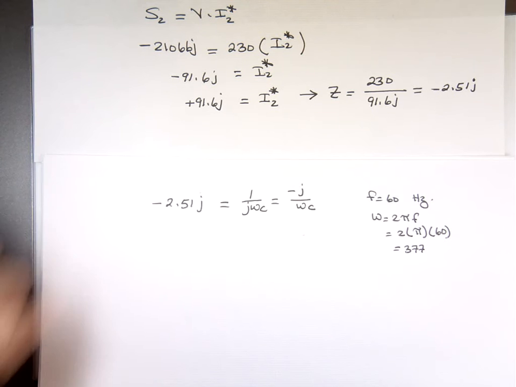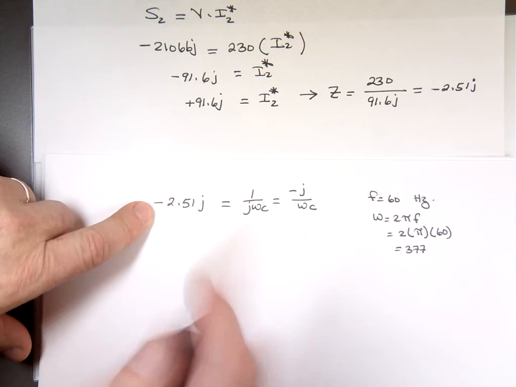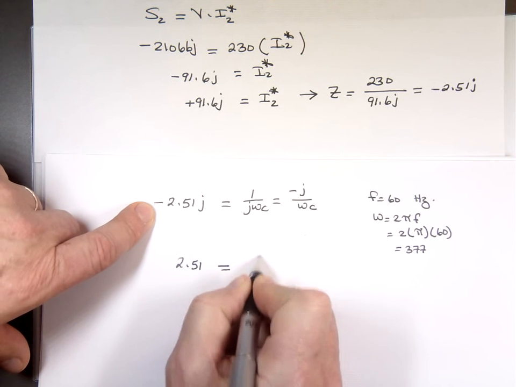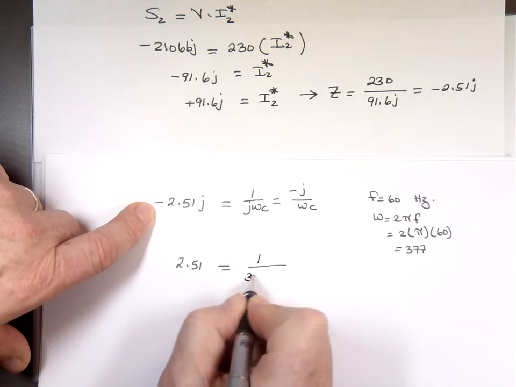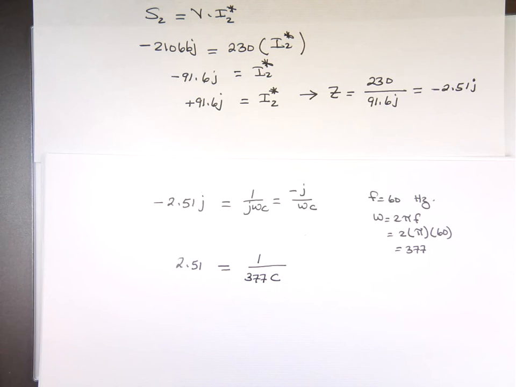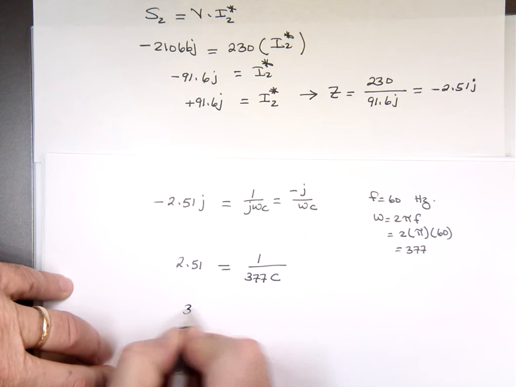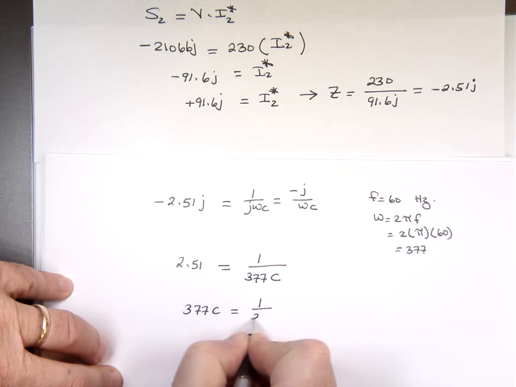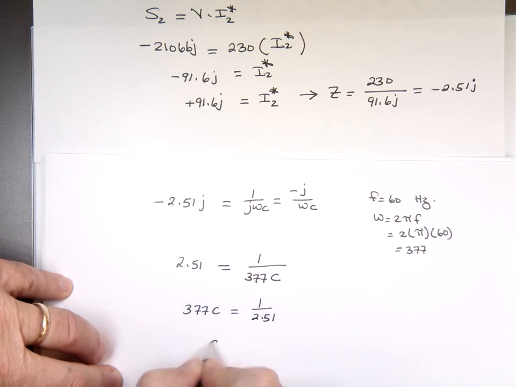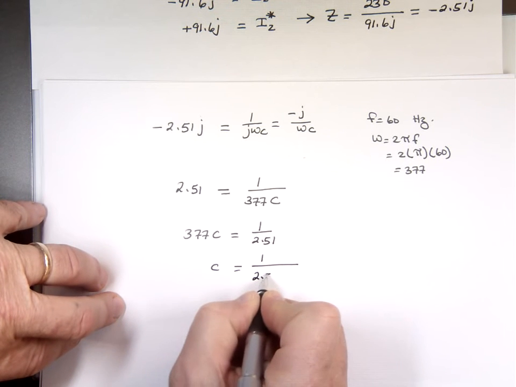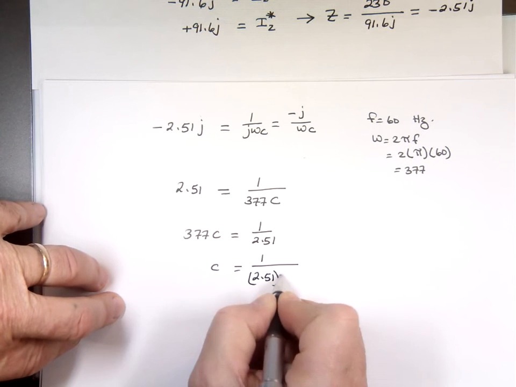The negative J cancels the negative J, you end up with 2.51 equals 1 over 377C. The J's will cancel each other out with the minus sign. 377C equals 1 over 2.51. C equals what? 1 over 2.51, divide that by 377.